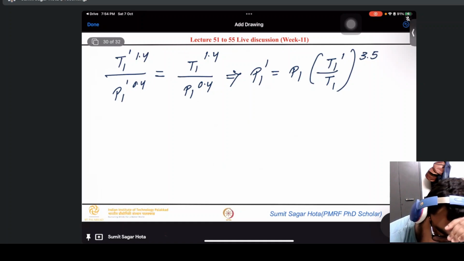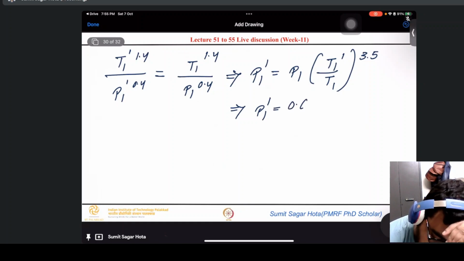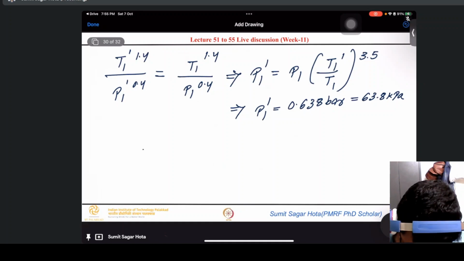If you do all this calculation, you find P1 dash as 0.638 bar, that is 63.8 kilopascal. Get it? What is density?